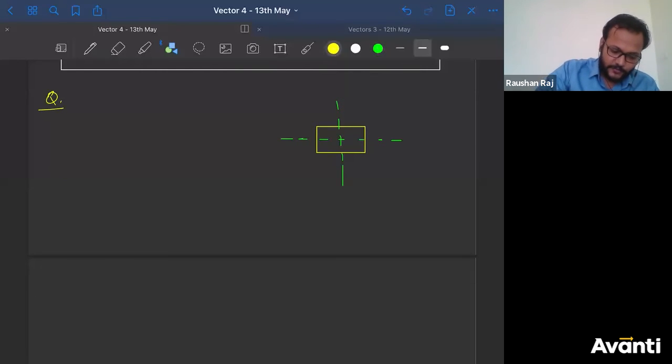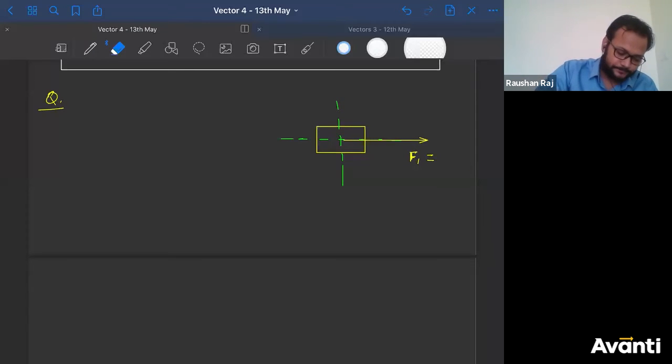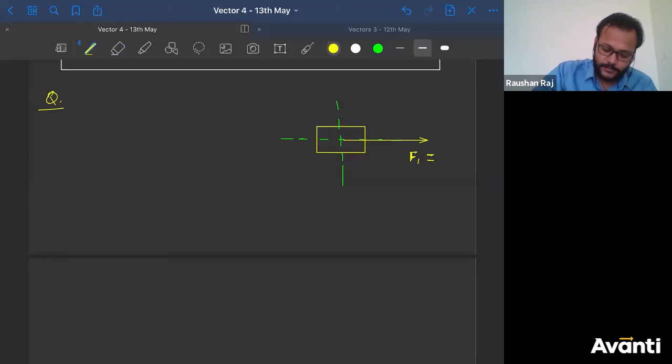If one of the forces is along the rightward direction, this is force F1, and the magnitude is, let's say, 10 Newton. Or let me call this 3 Newton, to keep it easy.